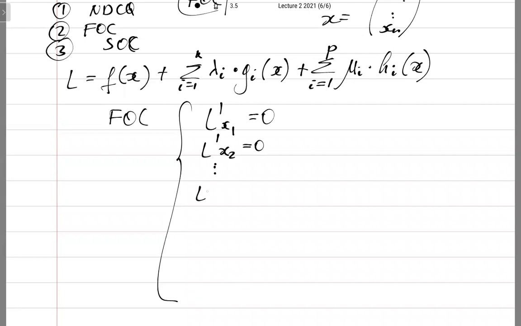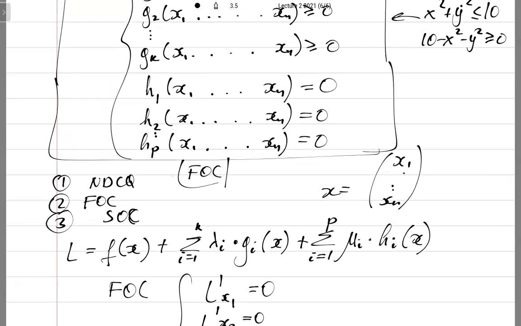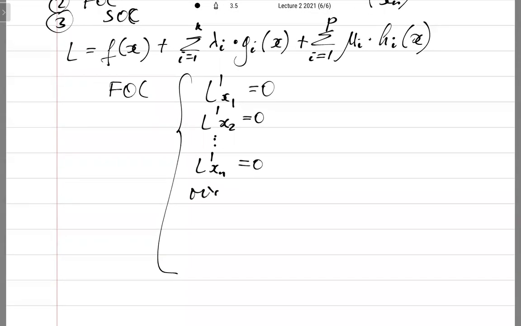And so on. L prime with respect to xn is 0. These conditions should be satisfied also. So original constraints: every g of x is greater than or equal to 0. Every h of x is exactly 0. This is a copy of the constraints.